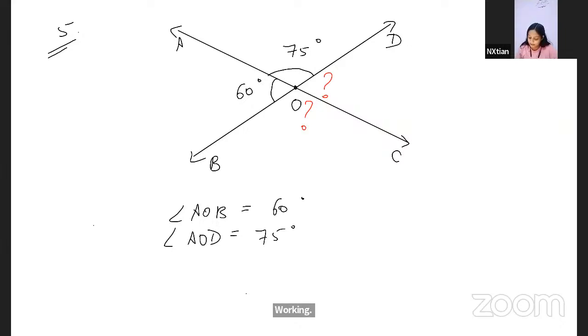We have to find angle BOC and angle COD.